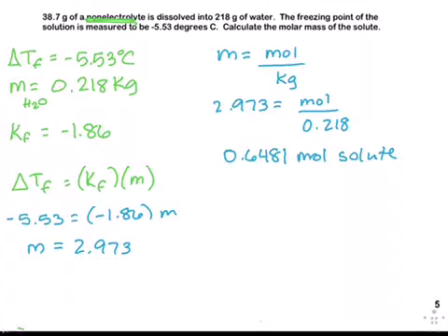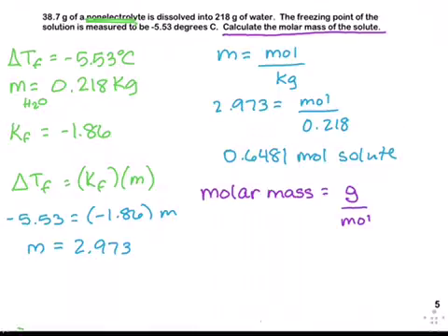Okay, so now how do we figure out the molar mass of the solute? What does molar mass equal? Remember, it's just grams over moles.